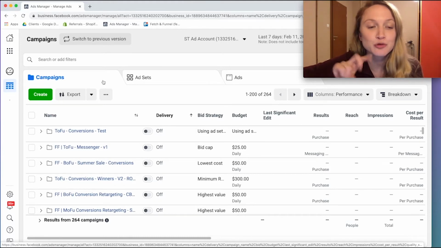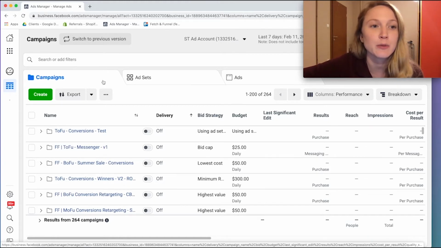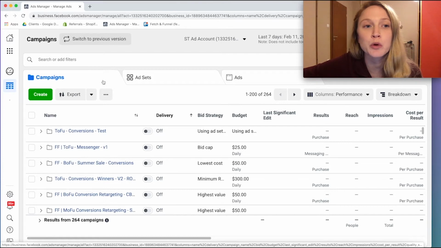Rule number 2 is if you are ready to scale and ready to increase budgets, use a CBO campaign. Another popular method for scaling budgets on Facebook was called the Michigan method, and that essentially increased all of the ad set budgets by 20% every 3 days.